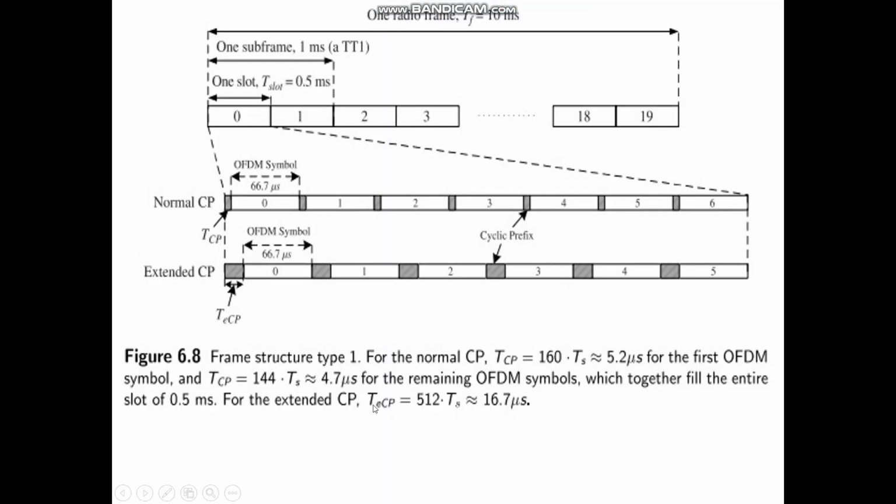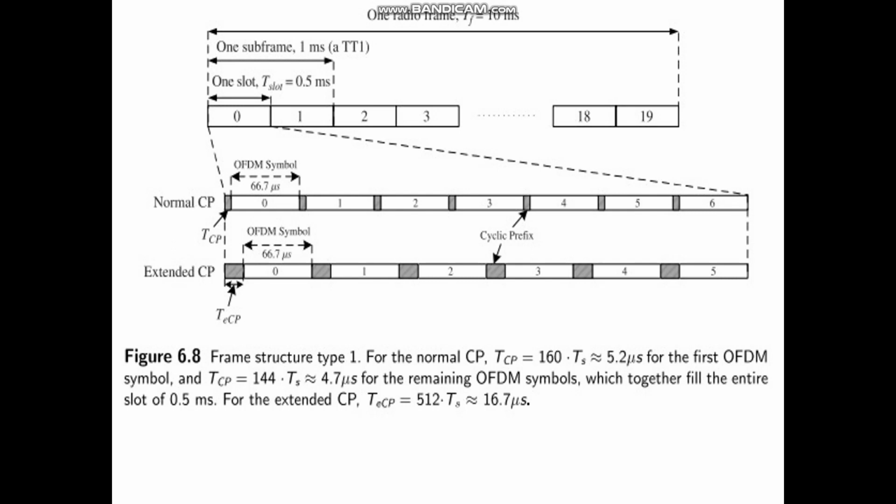For extended cyclic prefix, we have a duration of 512 into TS, which accounts for 16.7 microseconds. It is used when there is a more reliability requirement or ISI is very severe.